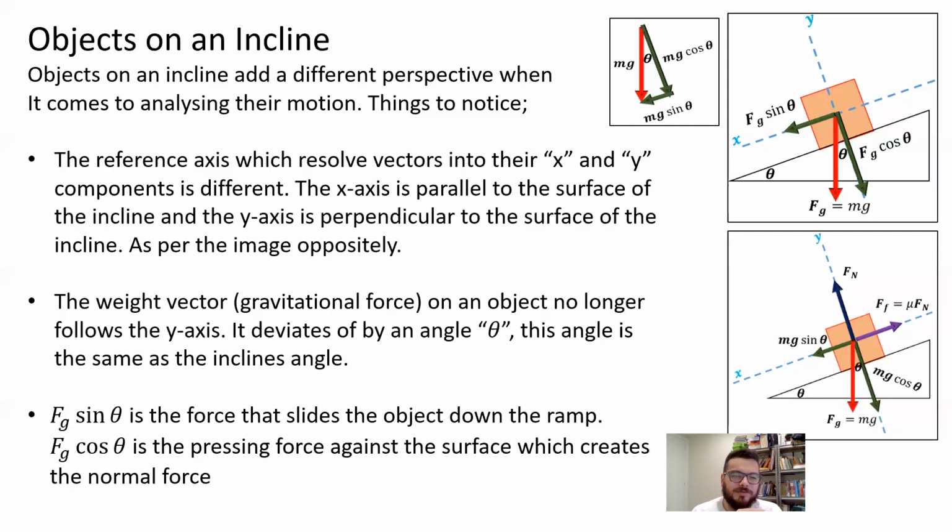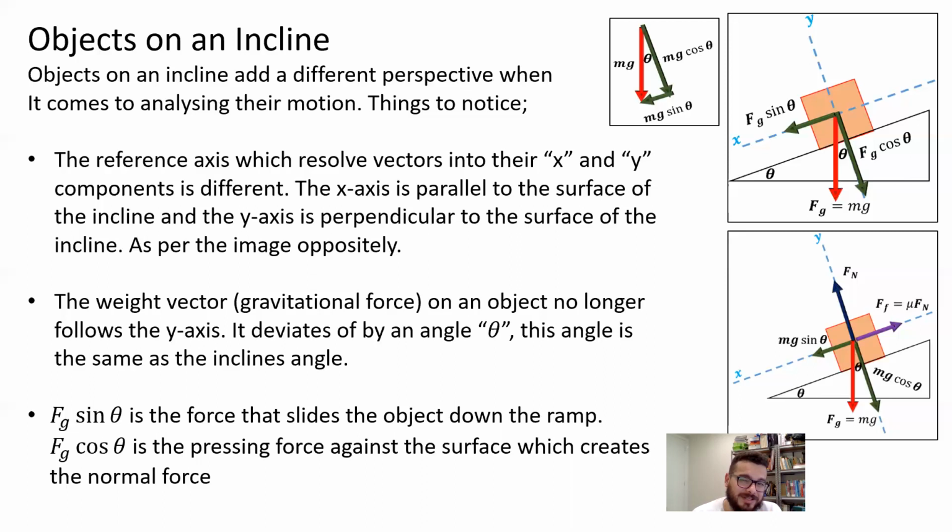If you notice here with objects on an incline, the trig relations change. Normally we're accustomed to having cosine on the x-axis and sine on the y-axis. Here they're flipped around, on the basis of the nature of the weight vector and how it's deviated. But we can reconcile that.